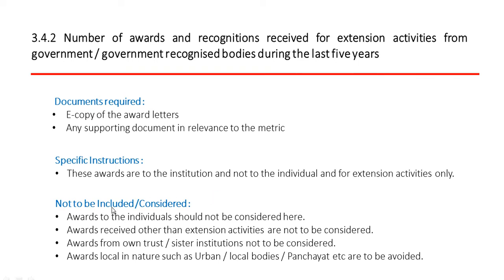What will not be considered is the awards to the individuals or awards received other than extension activities or awards from own trust or sister institutions or awards which are local in nature such as urban or local bodies or panchayat etc.